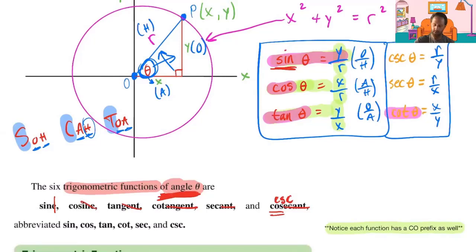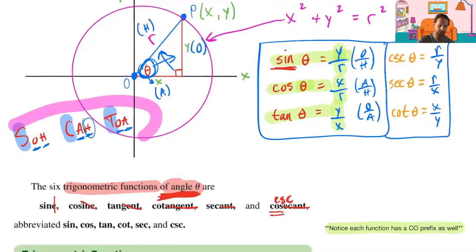And there's also secant along with cosecant. And so those are the types of things that we will get into as we progress. But for now, remember your SOHCAHTOA that you can then use to now label these things in terms of X, Y, and R, because that will come in more handy as we progress through.